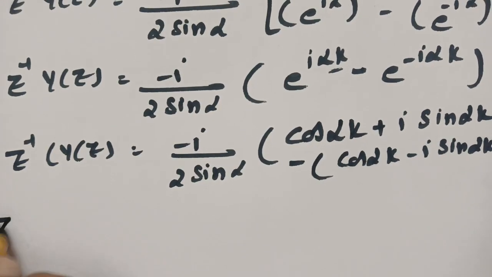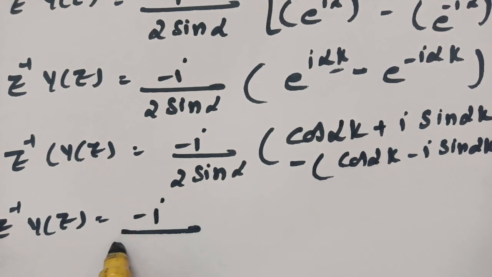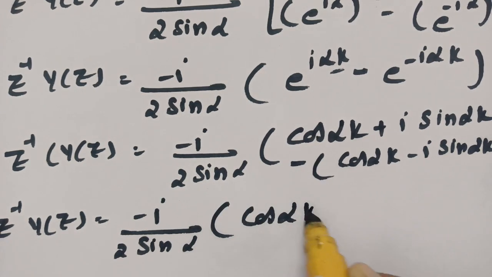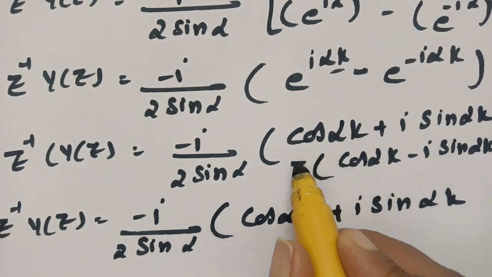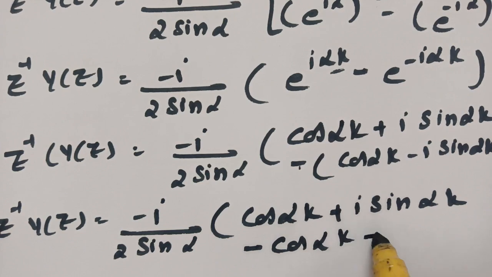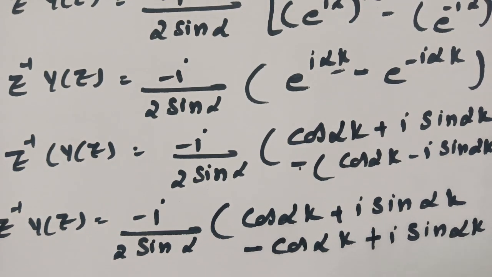And therefore z inverse of y of z is equal to minus i times of 2 sine alpha, cos alpha k plus i sin alpha k. If I multiply with minus, this is minus cos alpha k minus of minus plus i sin alpha k.